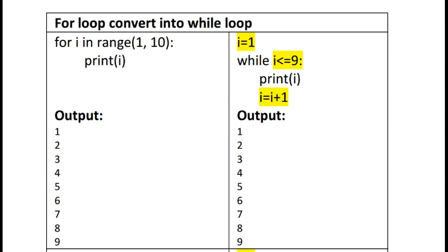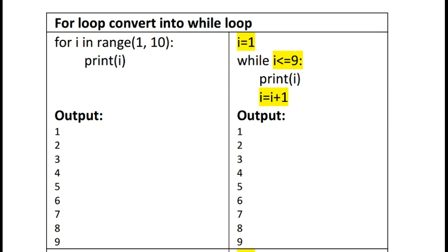Where to stop? i less than or equal to 9, because here we must check this condition. The loop executes till the value of i reaches 9. Then we print i, then the value of i must increment by 1. So here i is equal to i plus 1.